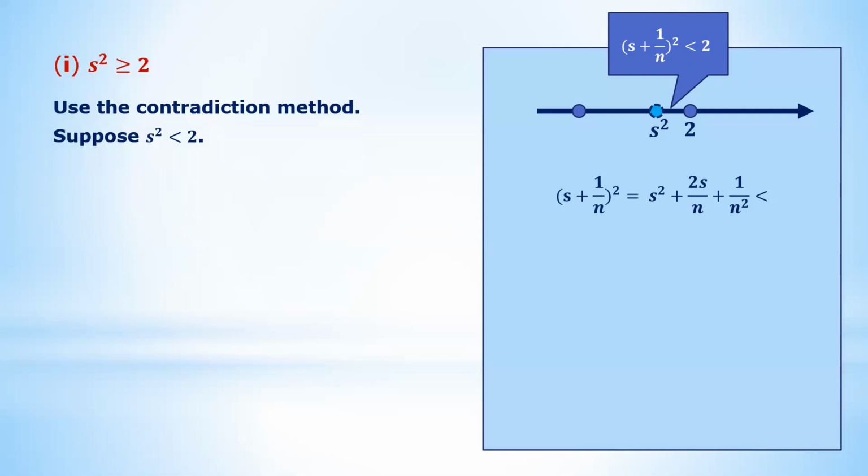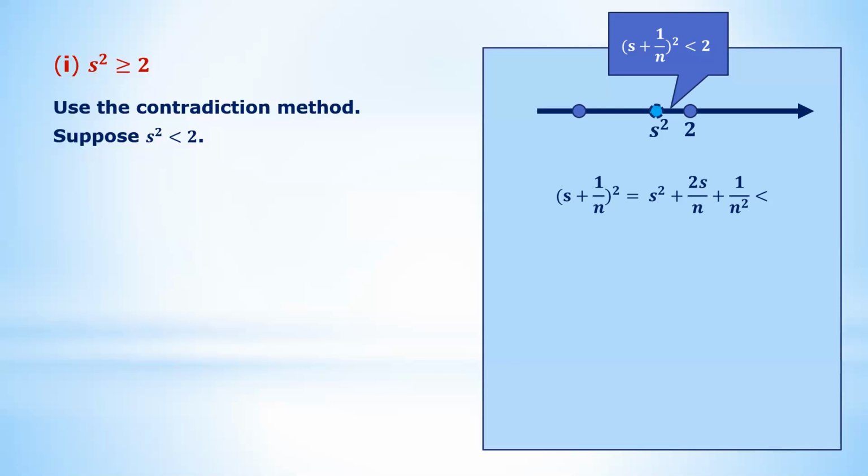There's a question: why use 1 over n instead of n to describe the space between? Because n is considered a large integer, so 1 over n is a small number. Because the gap is small, you're looking for some small number added to s so that the square of this is still inside the gap.